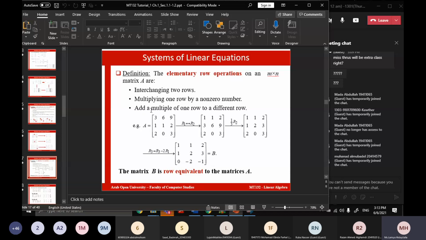We can add a multiple of one row to another, different row. We call these elementary row operations. They are 3. So to go from a system to an equivalent one, we can only apply these rules.